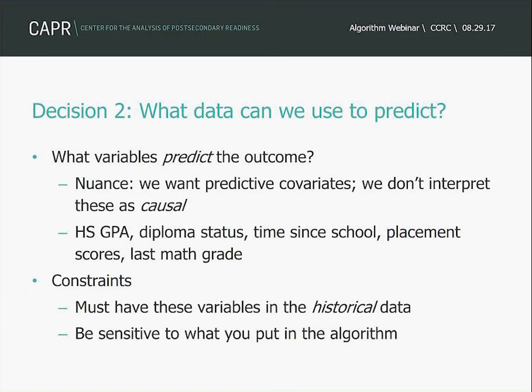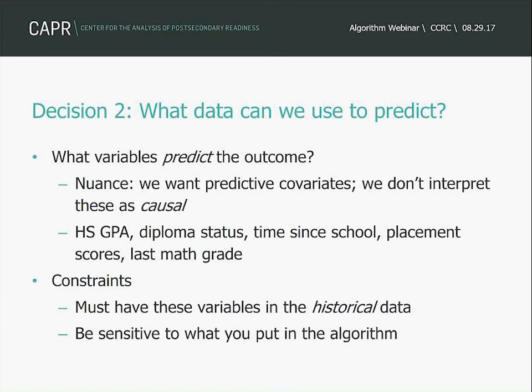One other nuance here is we want variables that predict the likelihood of success, but we don't necessarily need these variables to be causal. So when we look at the coefficients here and see their values, it doesn't mean that we think that, for instance, these test scores or their diploma status has a causal effect on their likelihood of success, but we do think it's predictive, it's associated with the type of characteristics that seem to predict success.